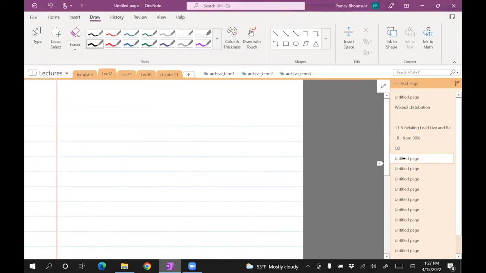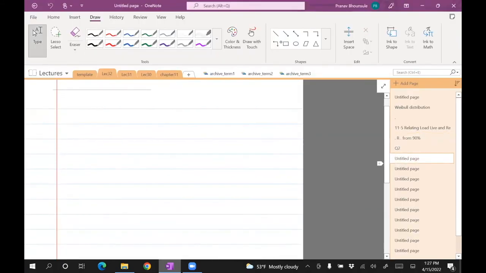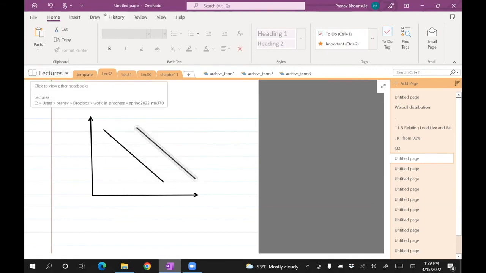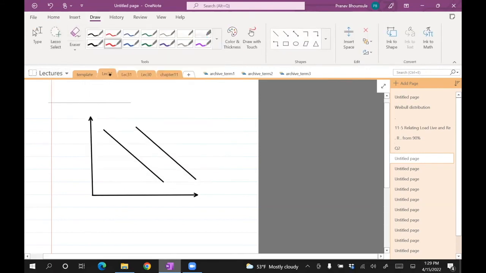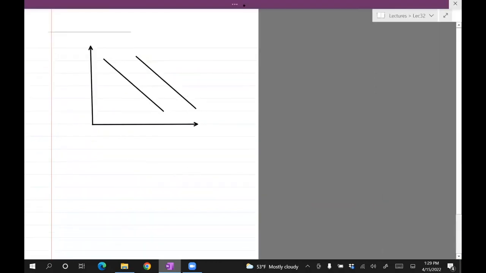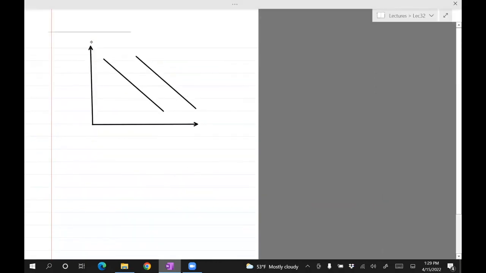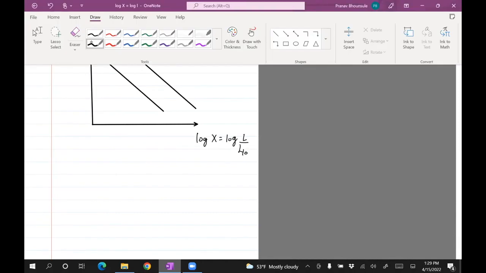Okay, so I'm just going to draw. Let's see what we have here: the log x, which is log L divided by L10 plot, so it's non-dimensionalized.